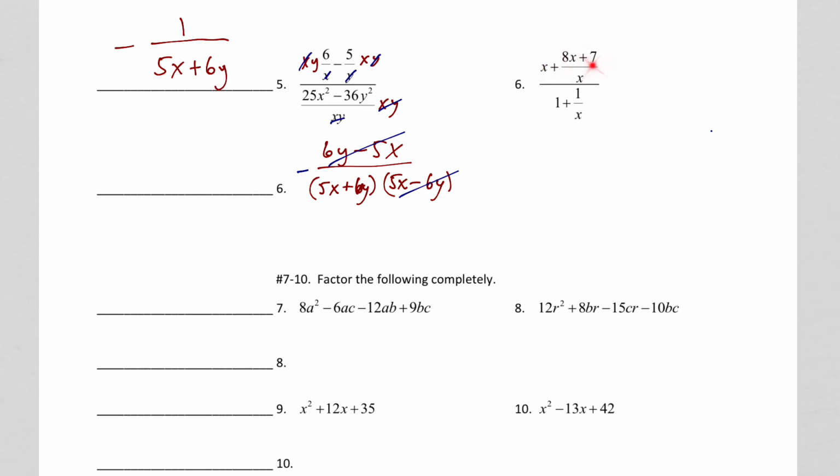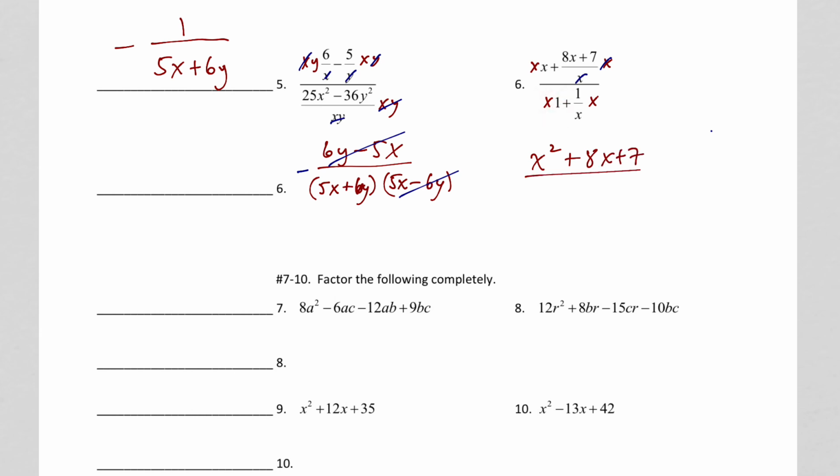Okay, because we have multiple terms in both the numerator and denominator, I can't flip anything upside down. I have to multiply that by the common denominator of x, which is that right there. So I'm going to multiply this term by x, this term by x, this term by x, and this term by x. This gives me an x squared. This x cancels, and we're left with plus 8x plus 7 in the numerator.